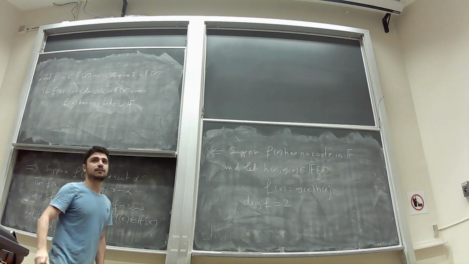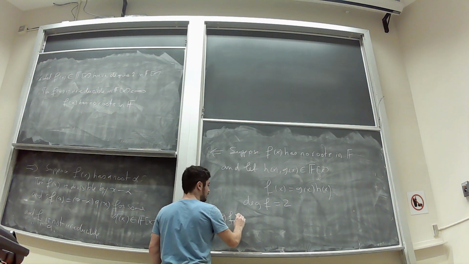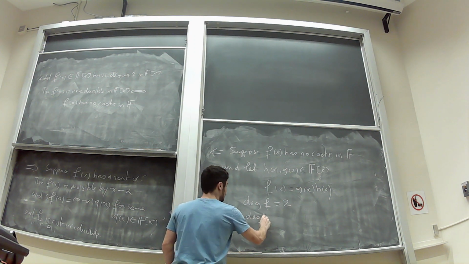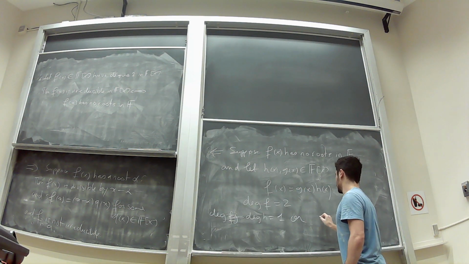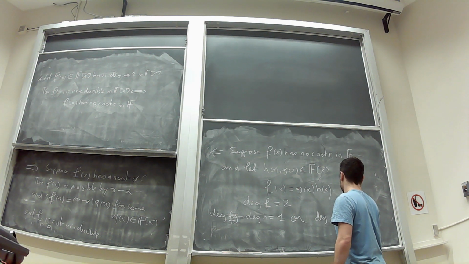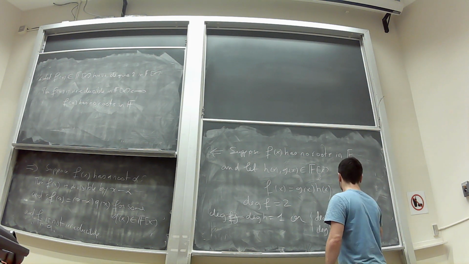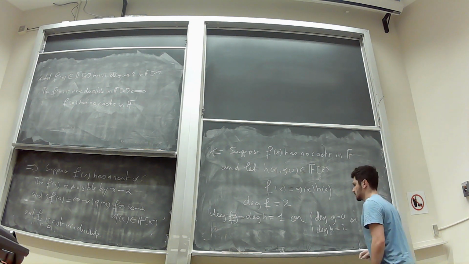So what can I say about the degrees of g and h? Either the degree of g is equal to the degree of h is equal to 1, or the degree of g is equal to 0 and the degree of h is equal to 2, or the degree of h is equal to 0 and the degree of g is equal to 2.